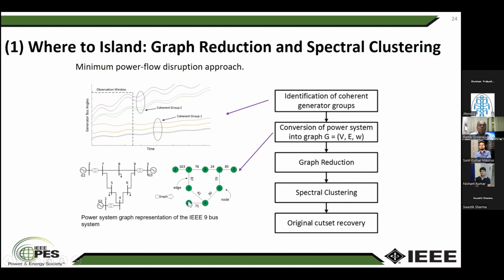The nodes indicate the bus number, and the lines indicate the power flow. So between buses 1 and 4, the power that is flowing is 71 megawatts. Similarly, between 5 and 4, it is 41. 4 and 6 is 30.